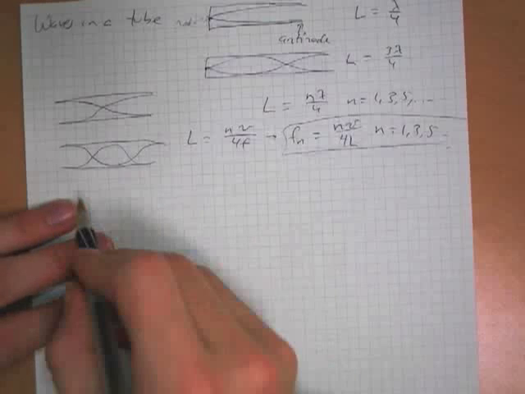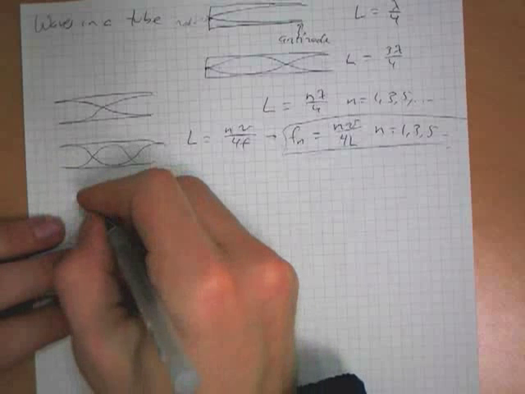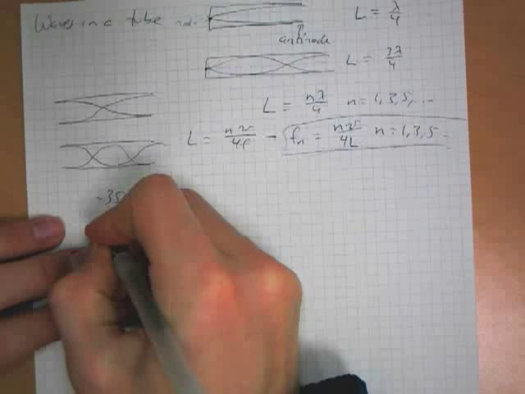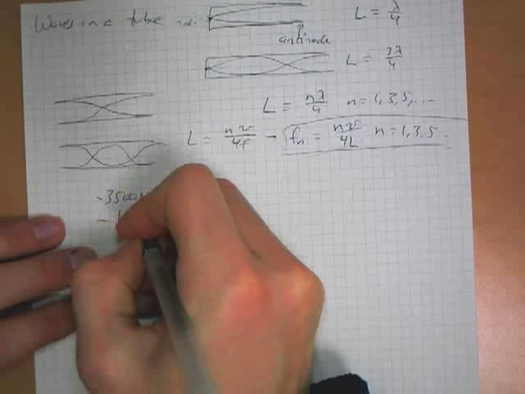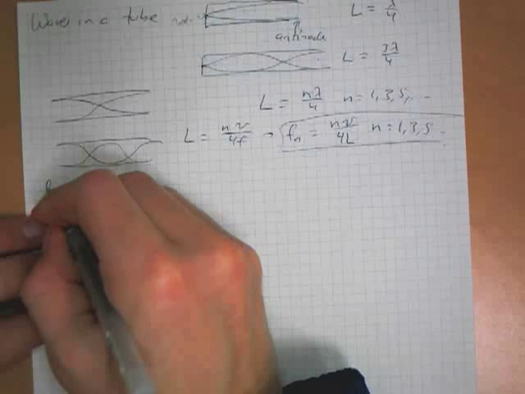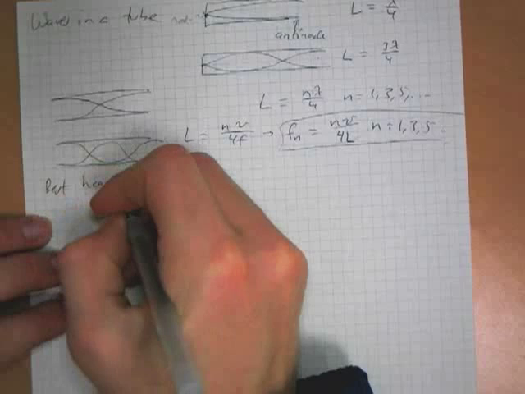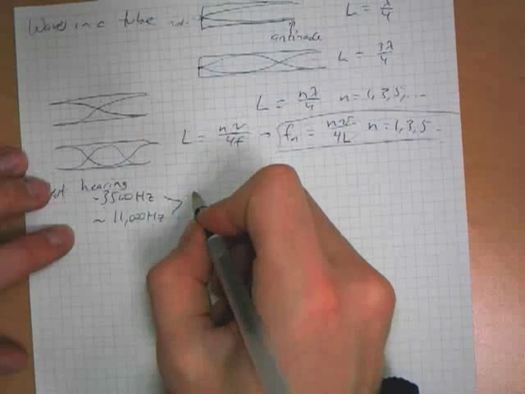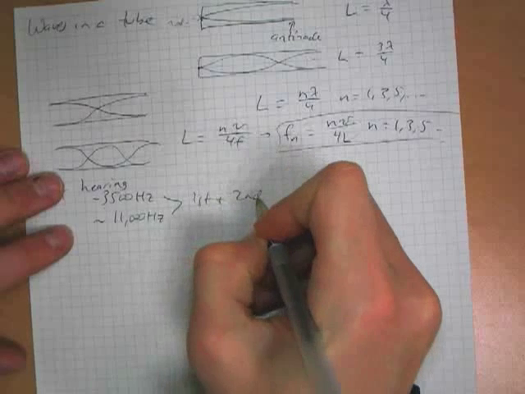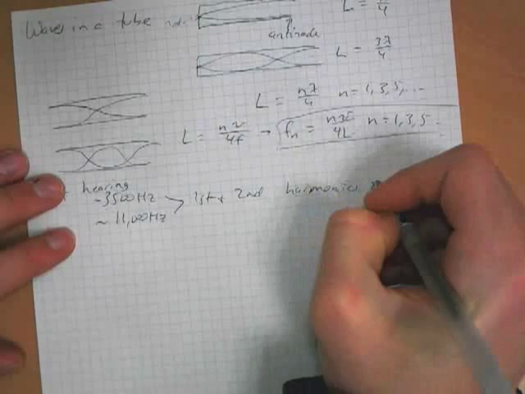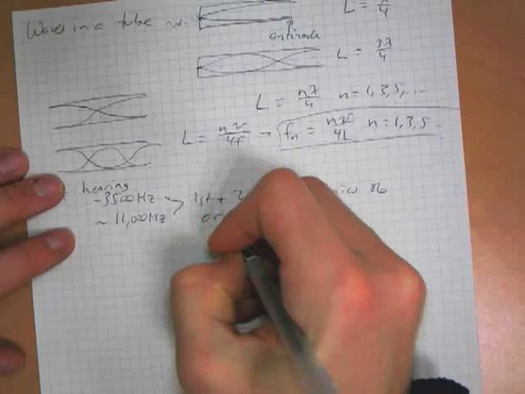As humans, we hear sounds best at about 3,500 hertz and 11,000 hertz. And the reason for that, i.e. these are the easiest sounds to hear, is because these are the first and second harmonics of our ear canal.